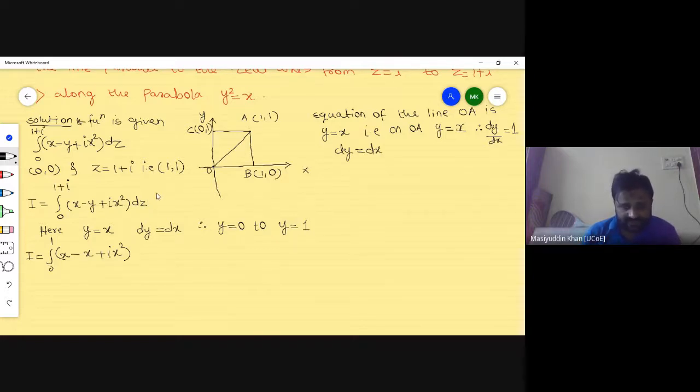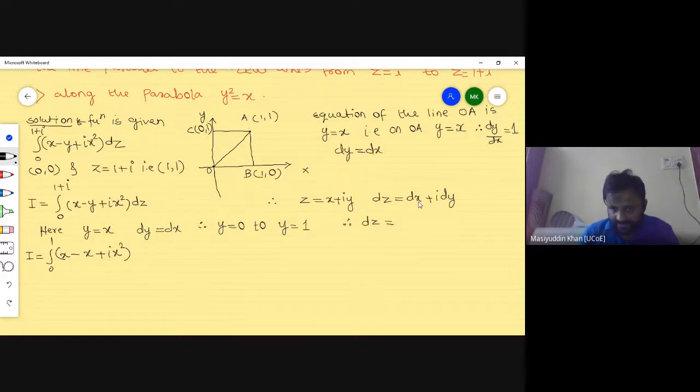As in the first lecture I clearly mentioned, if you remember these things, z is equal to x plus iy. Therefore dz is equal to dx plus i into dy. Now dy is equal to what here? dx. Therefore dz is equal to what?